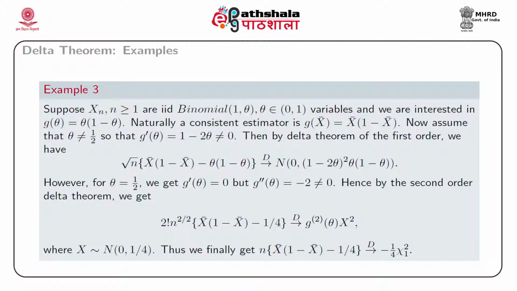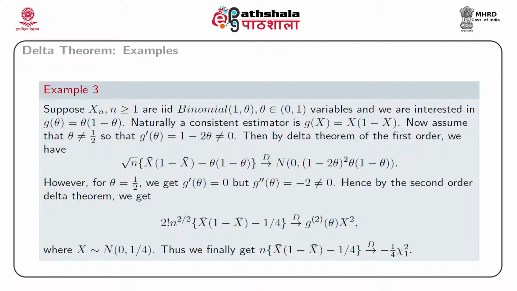Now, assume that theta is not equal to half, so that the first derivative of g(theta) is 1 minus 2 theta, which is not 0. Then by the delta theorem of the first order, square root of n times (X bar(1 minus X bar) minus theta(1 minus theta)) converges in distribution to a normal distribution with finite variance depending on theta.